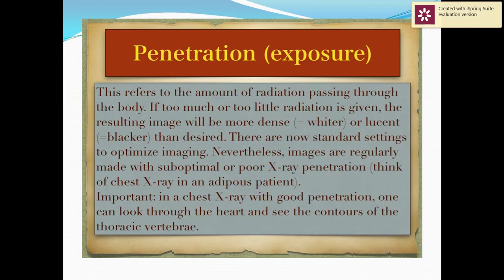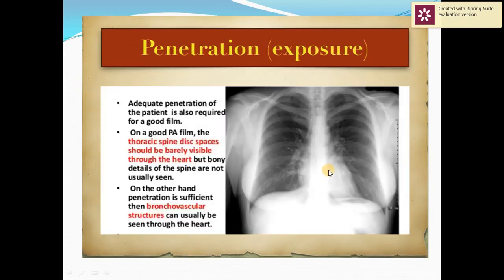cases of pneumothorax. If there is pneumothorax, we will not be able to detect the abnormality early. As we see here, retrocardiac shadow, we were not able to see the intervertebral disc.